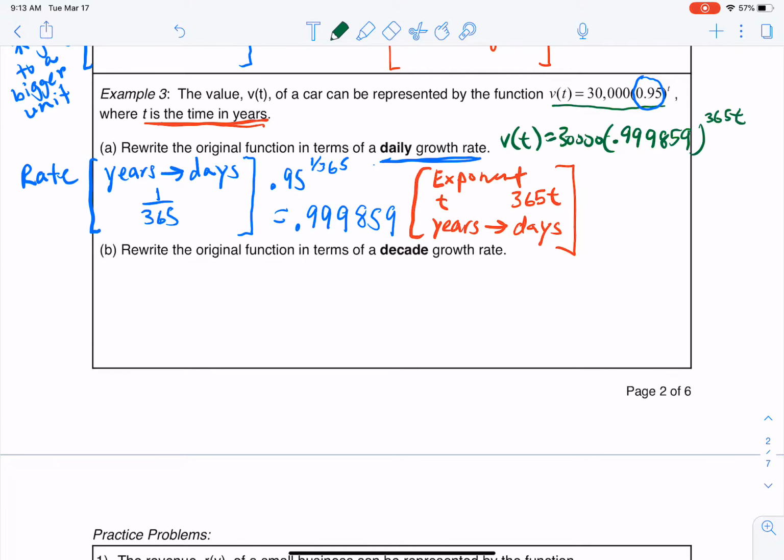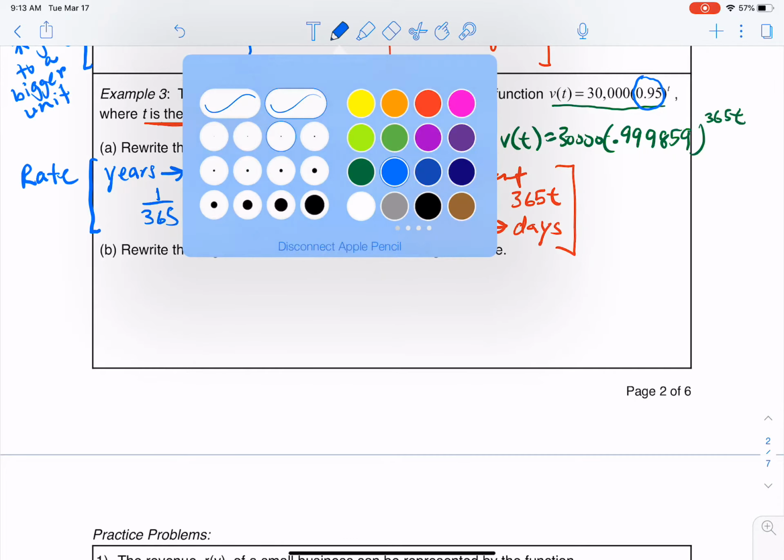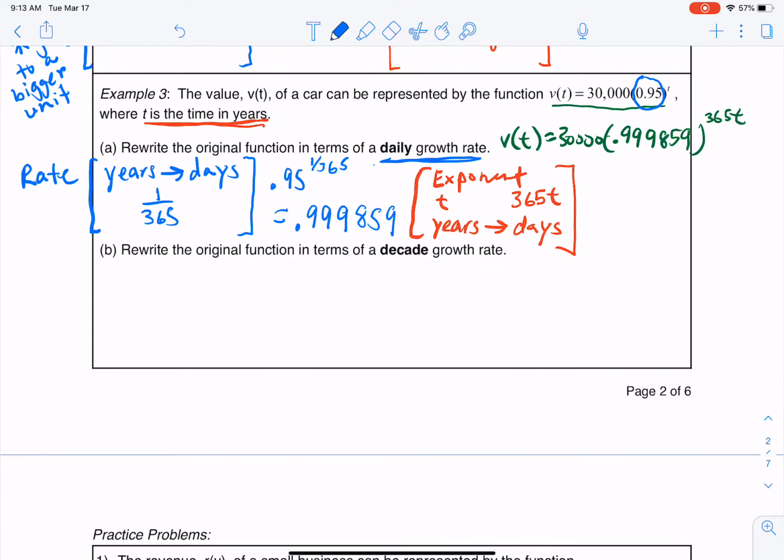All right, so we kind of need to know certain time units here. Some problems may use words that might be unfamiliar to us, maybe not. So let's look at B. Rewrite the original function in terms of a decade growth rate.